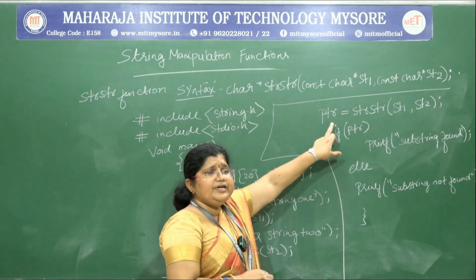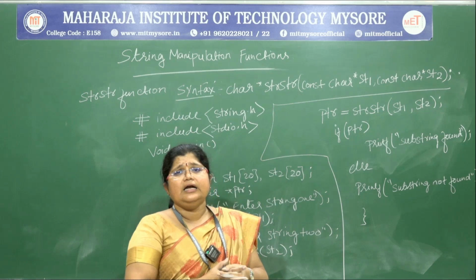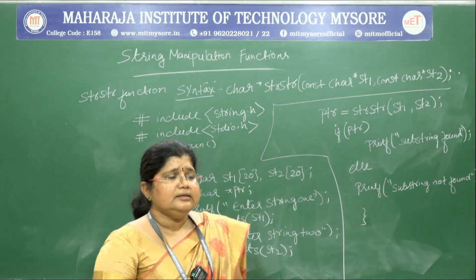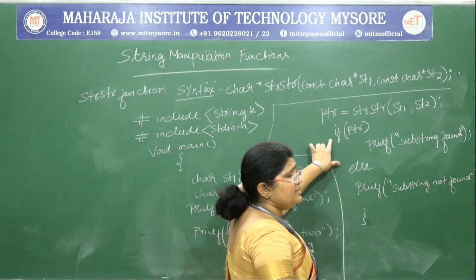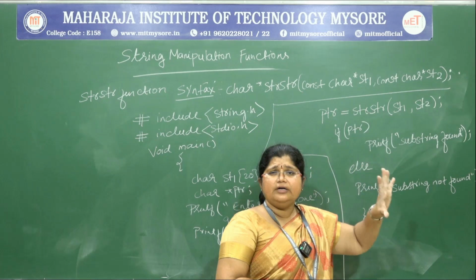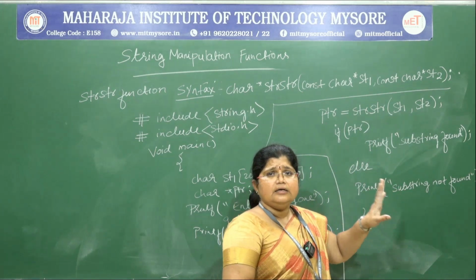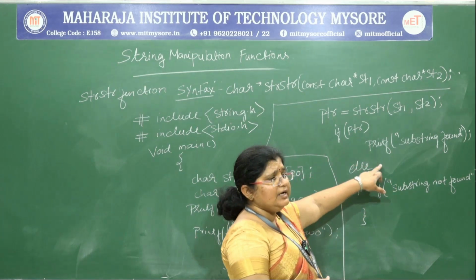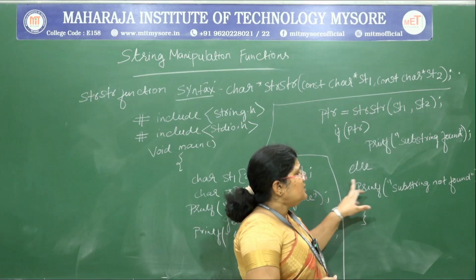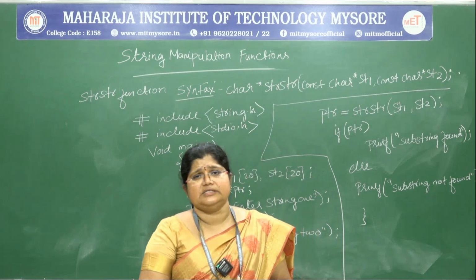Next, if it is not present, then it does not return anything, it returns null. So to check this, if ptr is not null, then we can print the substring is present. If not, substring is not present.